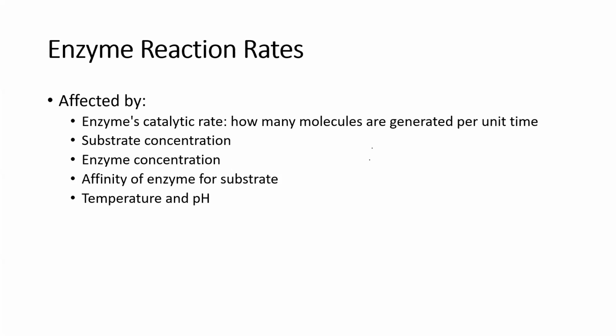It's going to increase the rate of the reaction up to a threshold where you could possibly denature the enzyme. And so these factors, temperature and pH, could definitely affect the rate of the reaction, or the rate of the enzyme in the reaction.